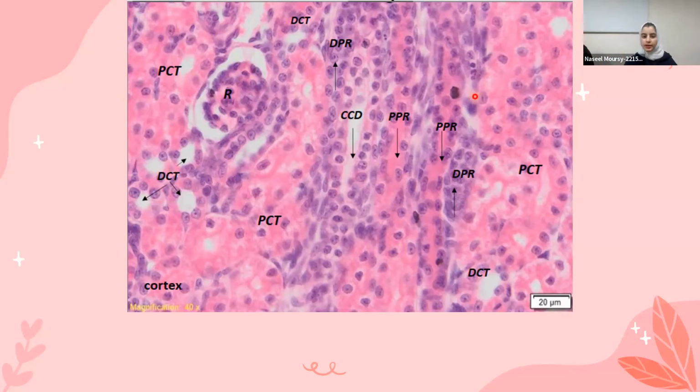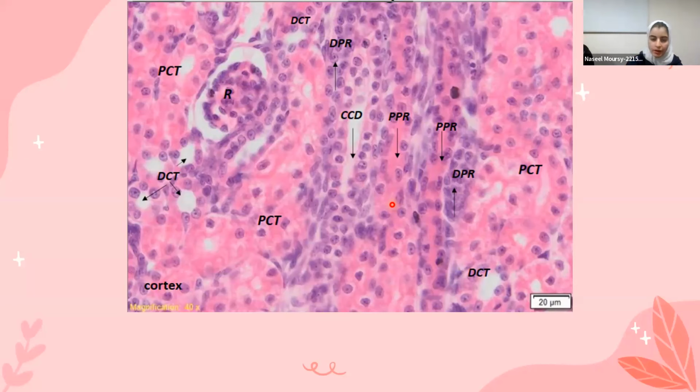Now we go to the next part, which is the medullary rays. Let's start off with PPR. What is PPR? Proximal pars recta.